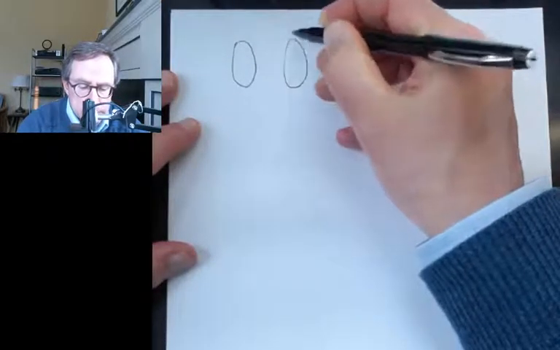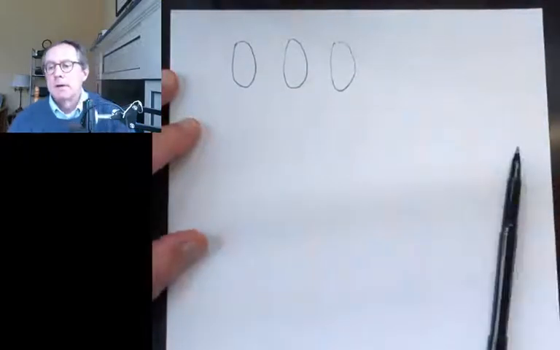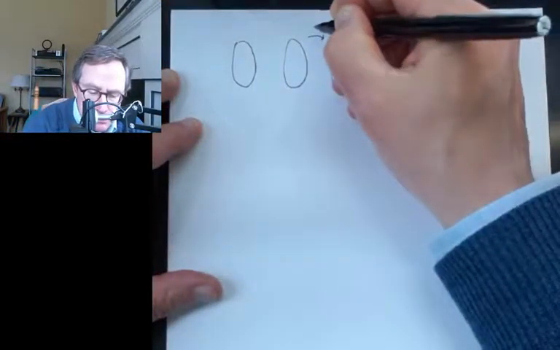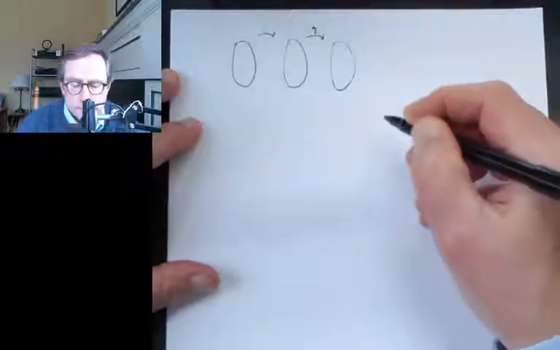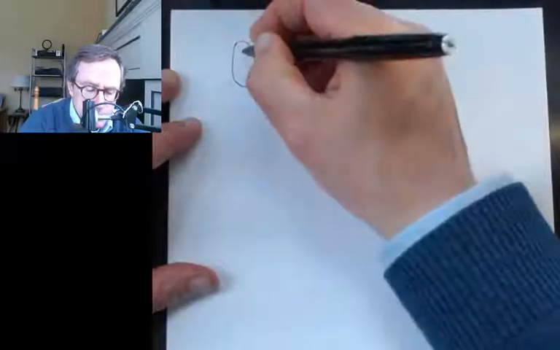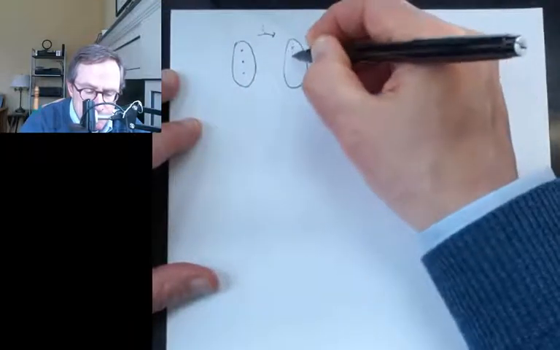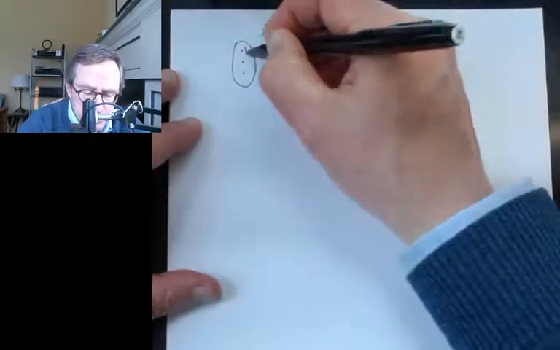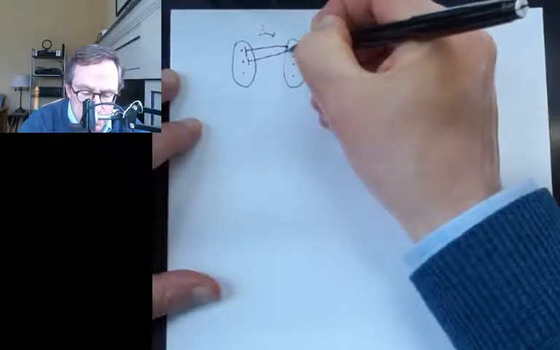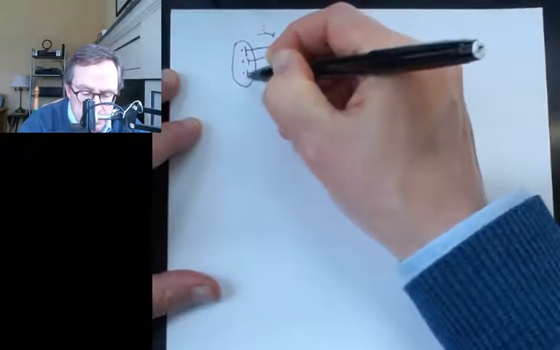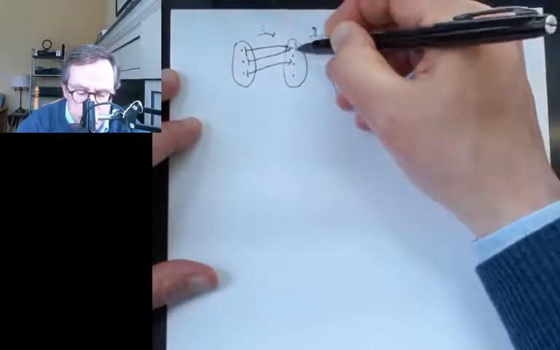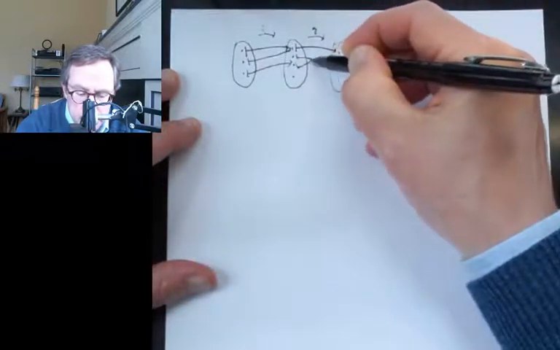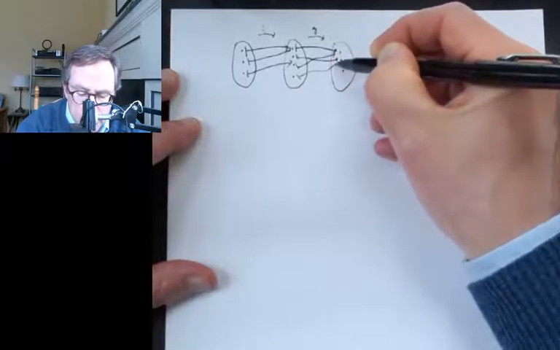I have two functions composed together here, looking to do G circle F. So this is going to be G, and this is going to be F. I'll just draw some dots and some arrows, but I'll make G be not onto and see what goes wrong.